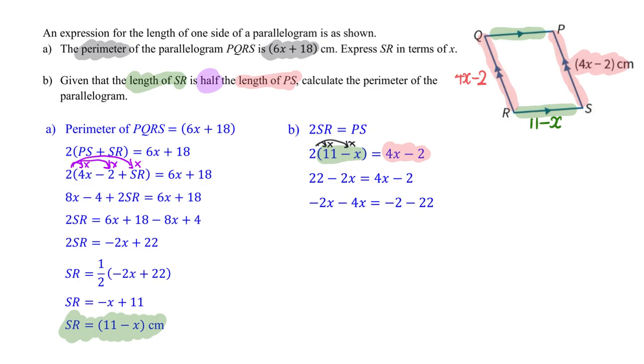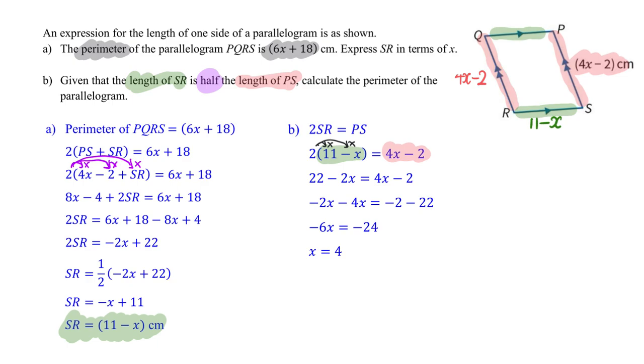I'm going to shift all the x terms to the left hand side and all the constants, which are the terms without any x, to the right hand side. And continue to solve. Eventually you will get x equals 4.